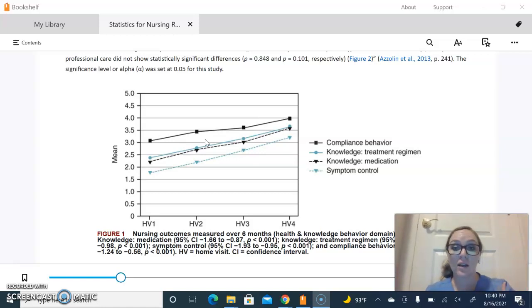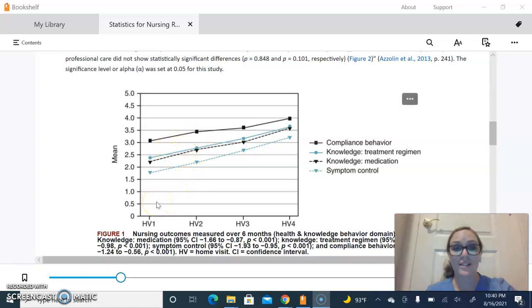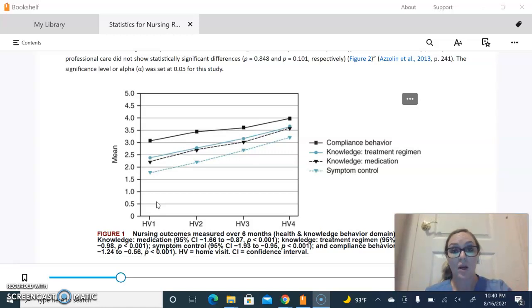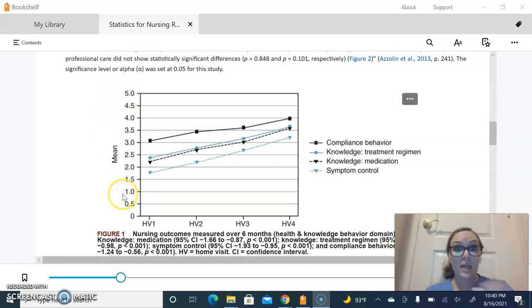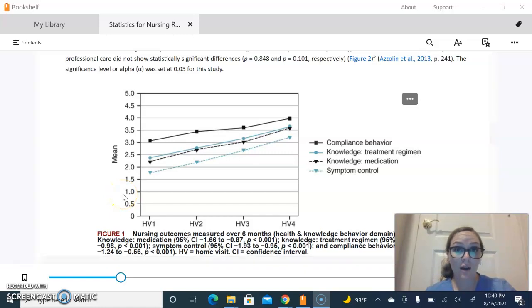These patients rated their home health visits for how effective they were at helping them learn things, how effective they were at being compliant with their treatments, and how well they were able to understand and learn about their medications, as well as how their symptoms were. So over here on the y-axis is the mean, or the average, score that they gave during their visits.